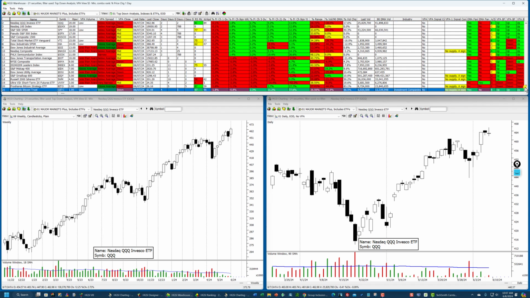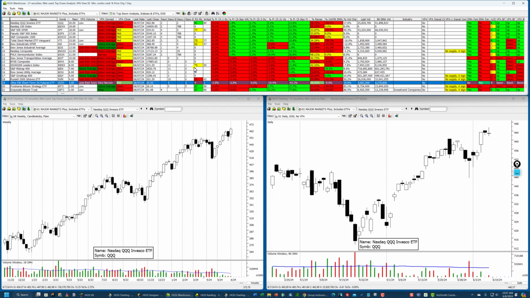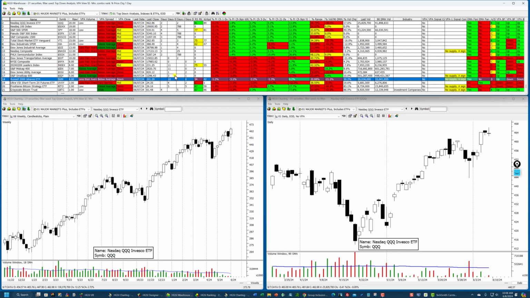Bitcoin, there was some late day profit taking from what I read. So that's always dangerous if you're buying Bitcoin at the levels we've seen recently, over $70,000. But looking down here at the list a little further, you can see that the small caps are not doing well.